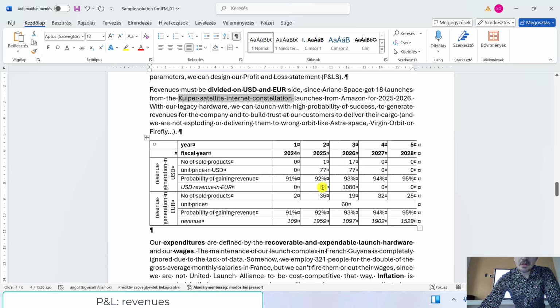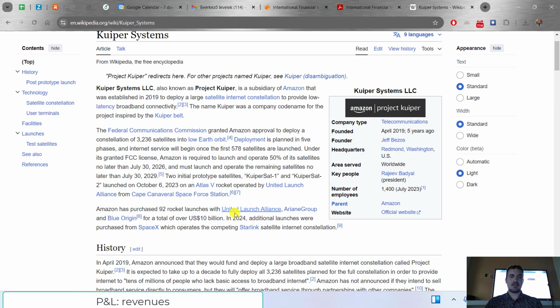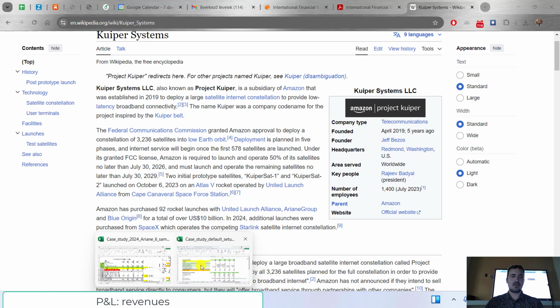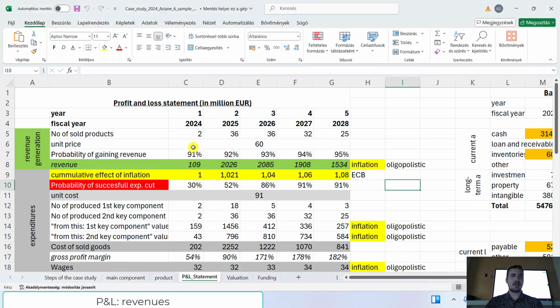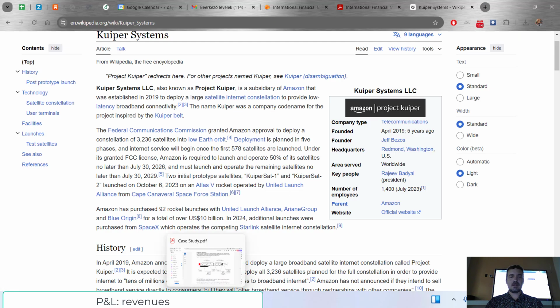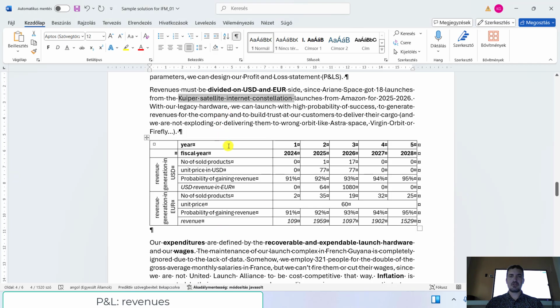Okay, so in the following fiscal years we have this situation, and you can see that in the future we still have to solve this one, because right now we don't have a unit price in US dollars.